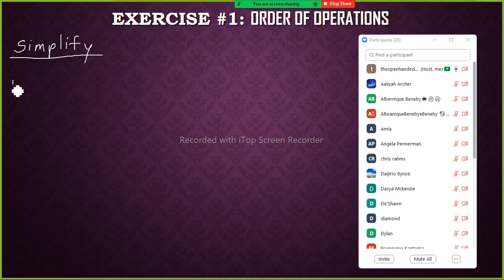All right, so question number 1. We have the square root of 49 plus 6 times 4.